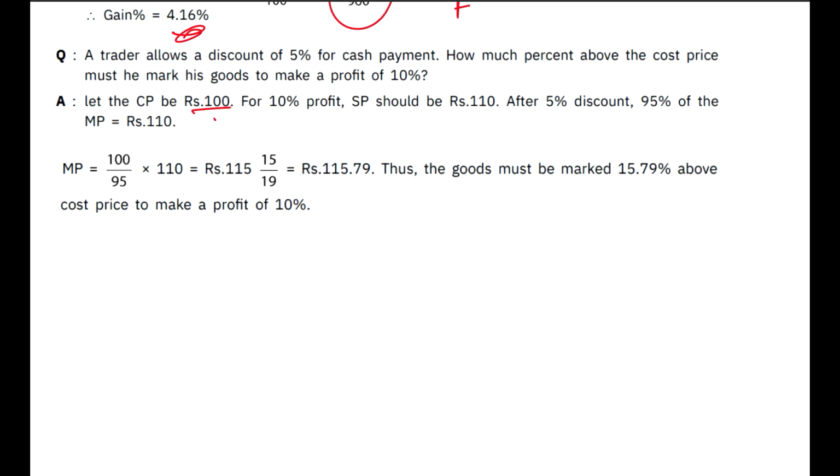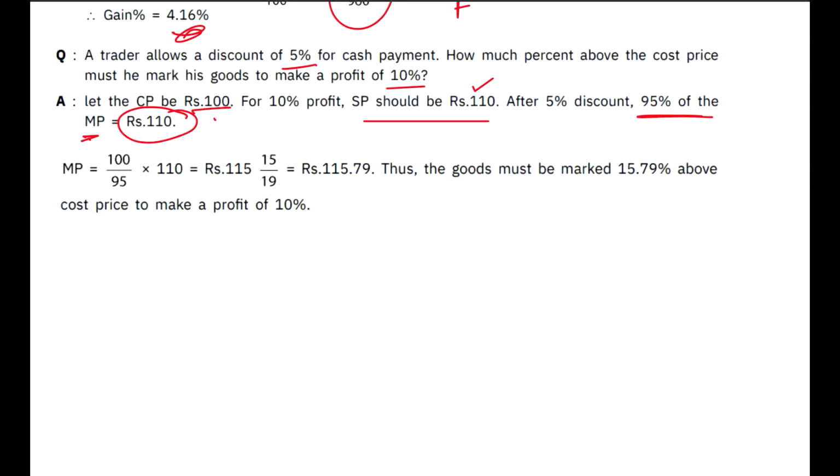CP is 100. We know that we want to make a profit of 10%. So what will the SP be? 110. Now we know that we are supposed to provide a discount of 5%. So if the SP is 110, that is the value at which I sell after giving a 5% discount. That means 95% of the marked price is equal to the SP, which is 110.